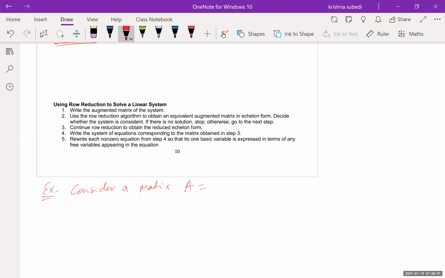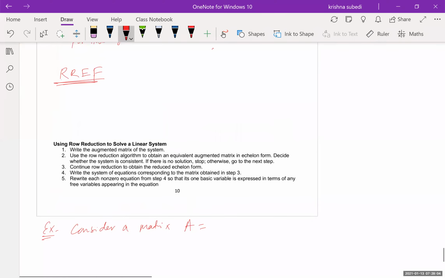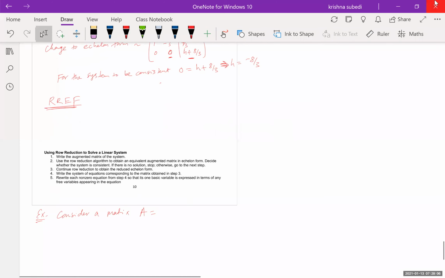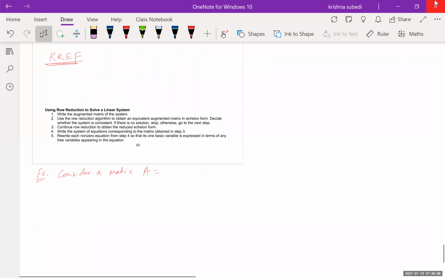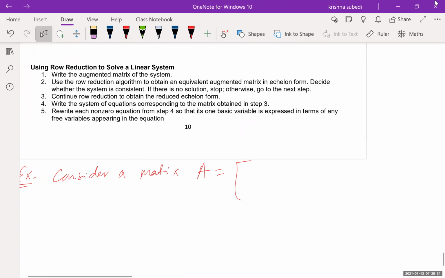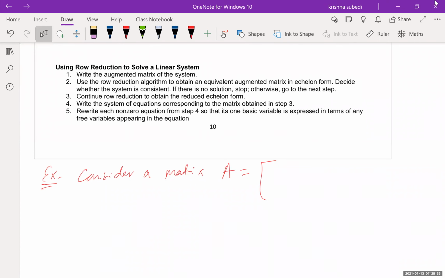I just want to consider one random matrix here. So maybe let me just copy and paste the matrix that we were working on earlier at the beginning of the class. So the first matrix that we were working on at the beginning of the class was this.